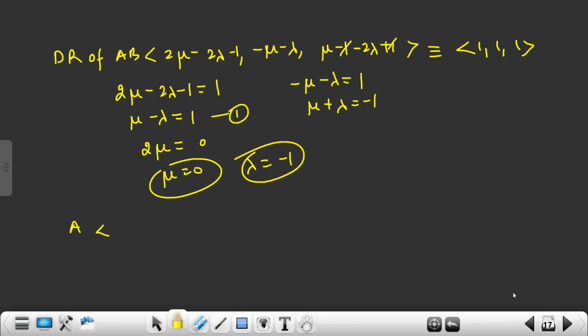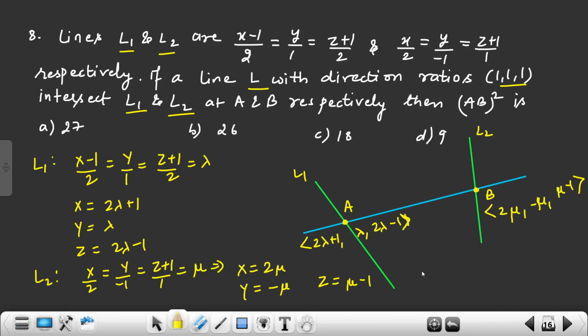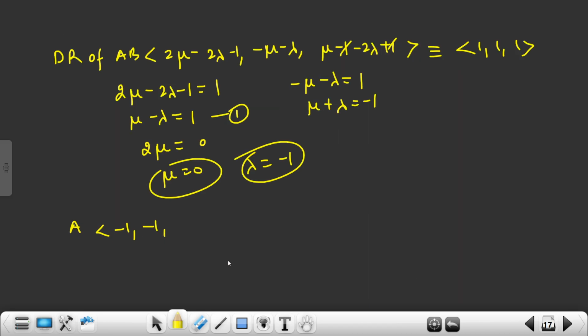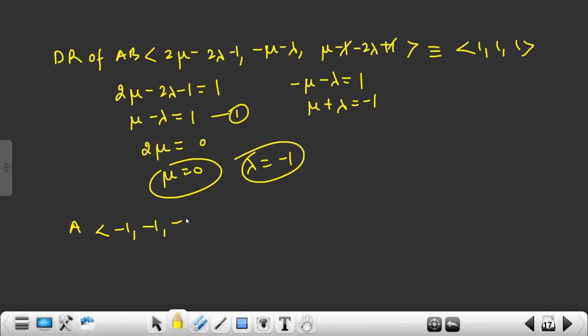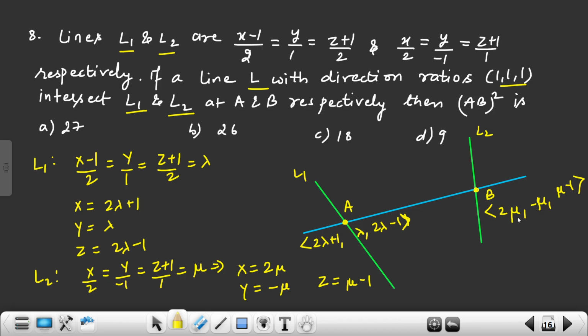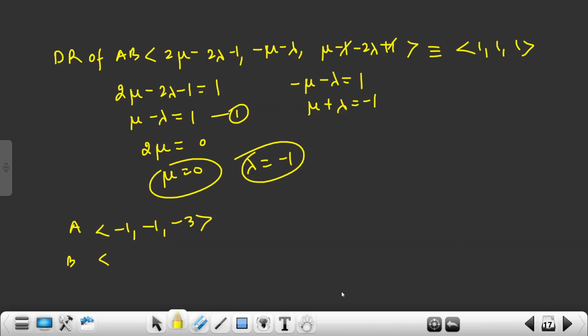Minus 2 plus 1 is minus 1. This is minus 1, and this value is minus 2 minus 1, minus 3. And what is B? Basically, mu is 0, so 0, 0, 0 minus 1.